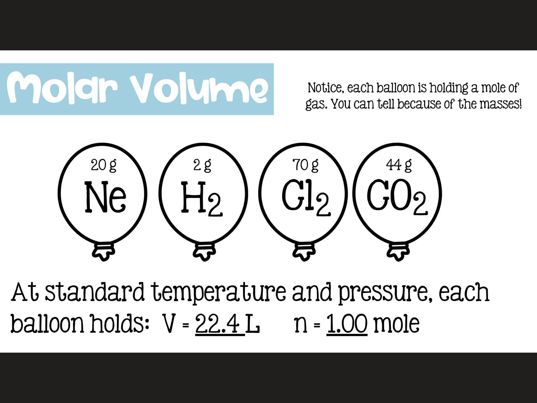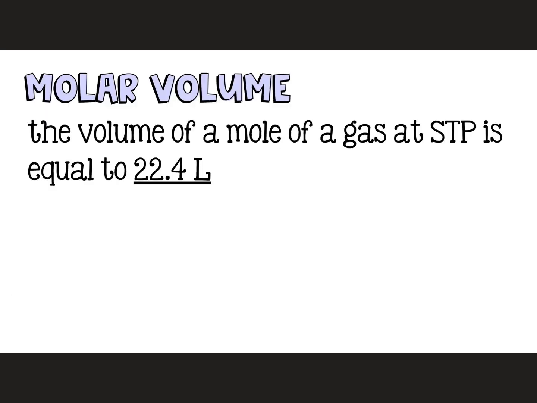Notice how each of these balloons has a different mass because they each have 1 mole of a different substance. Even though the balloons have different masses, they all hold 22.4 liters. So once again, the volume of a mole of gas at standard temperature and pressure is 22.4 liters.